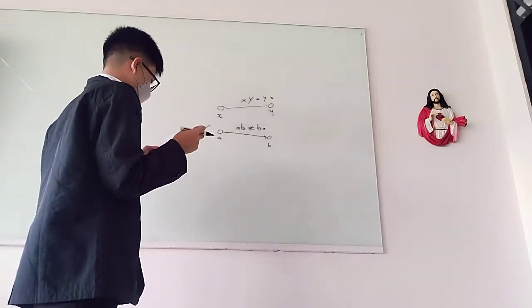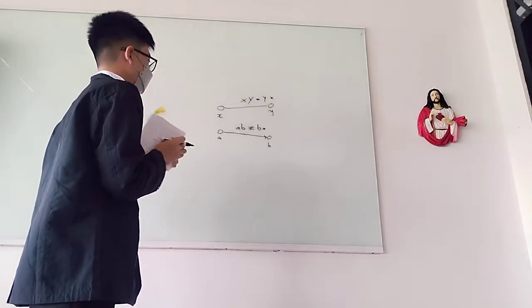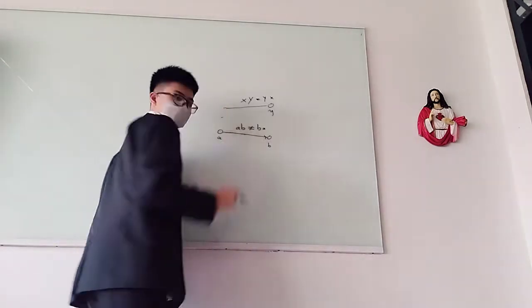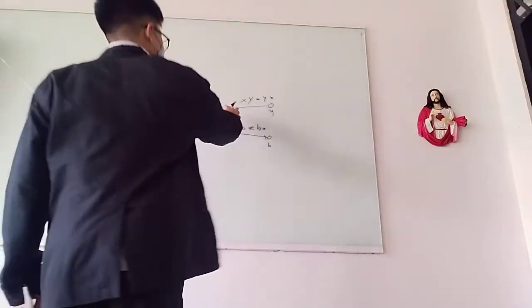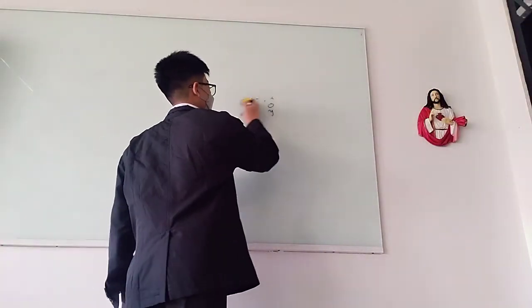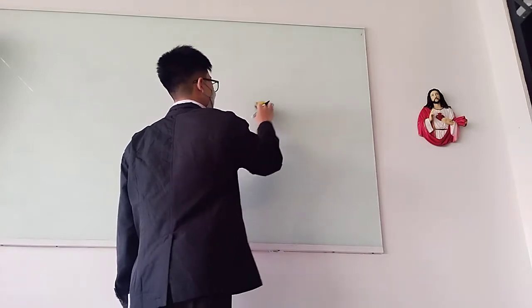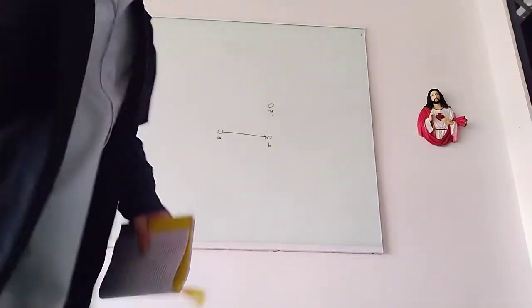Next terminology. Okay, so what if I now remove X? What if I now remove X and this edge XY? Okay, keep in mind this AB and BA, or this is just AB.